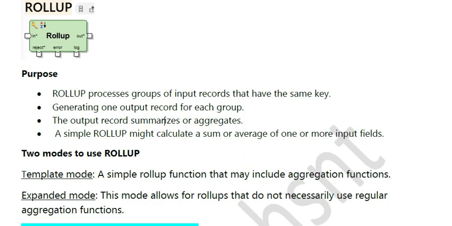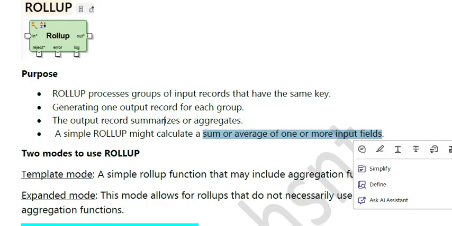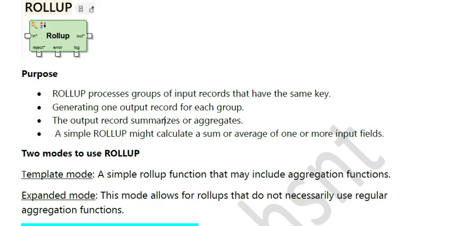A simple Rollup might calculate sum or average of one or more input records. Means you can calculate on a group of records, like count, sum, average, minimum, or maximum value, which we will discuss in this video.